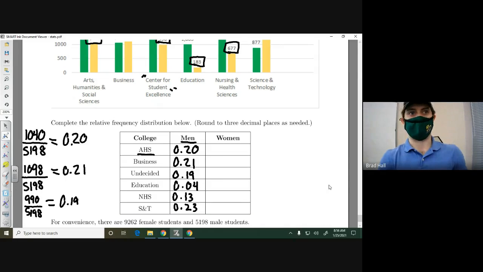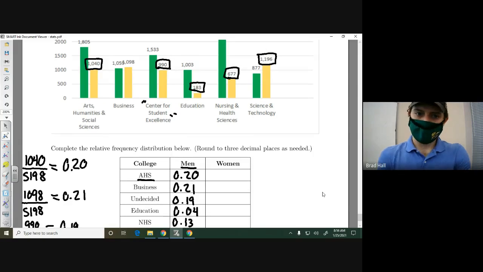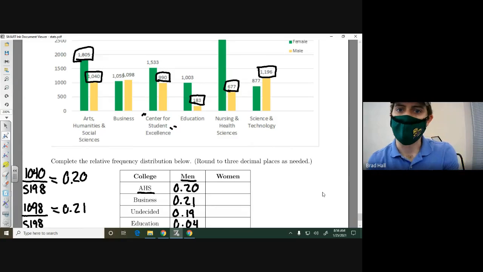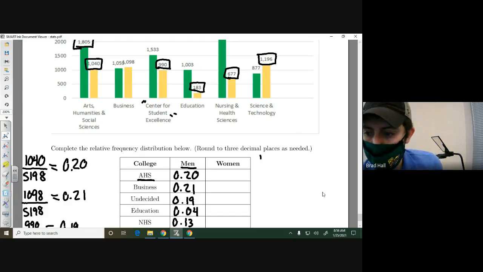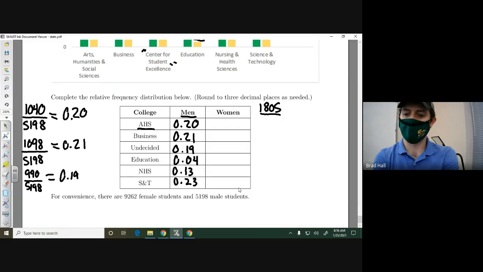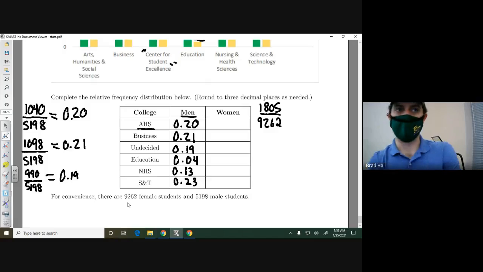And we can do the same thing for women. 1805. But we have to divide by a new number though, because there's a lot more women. 9,262 females.